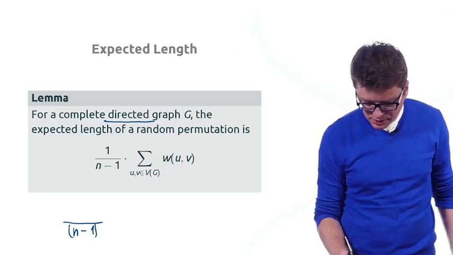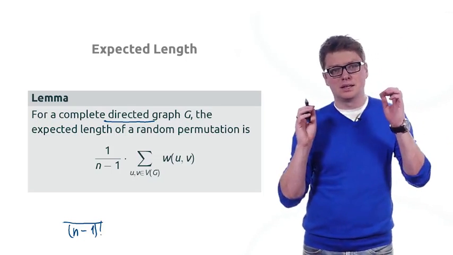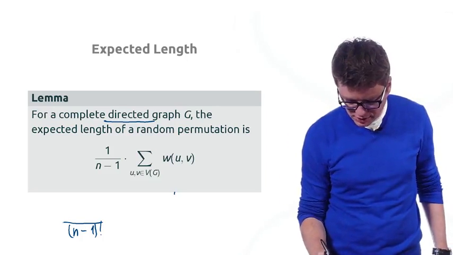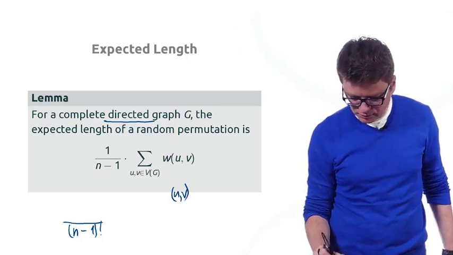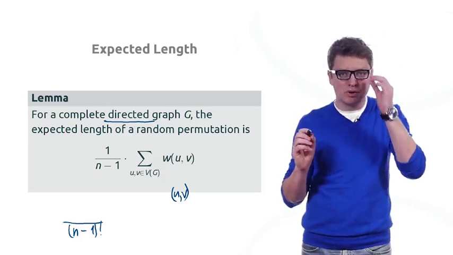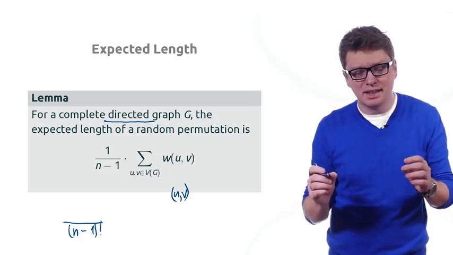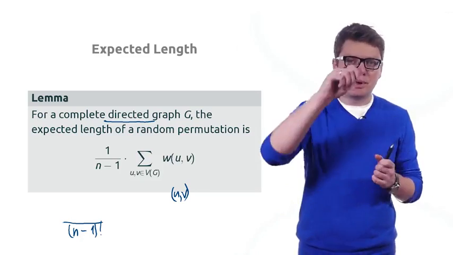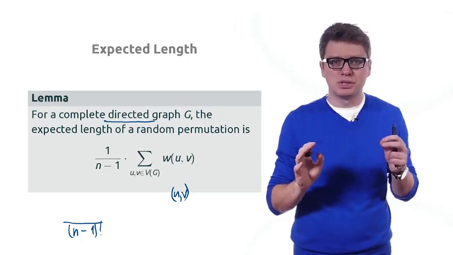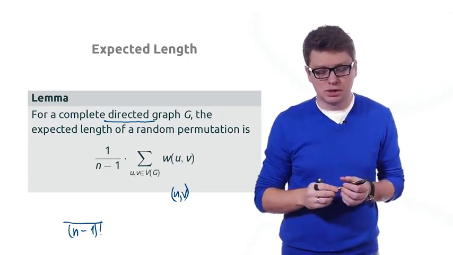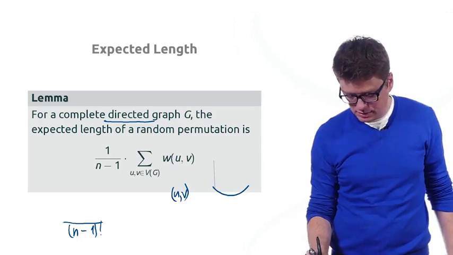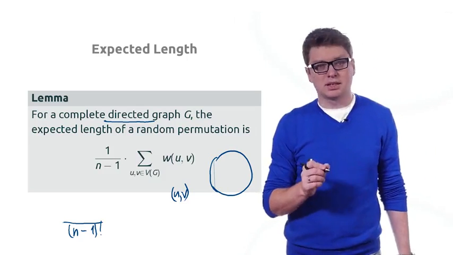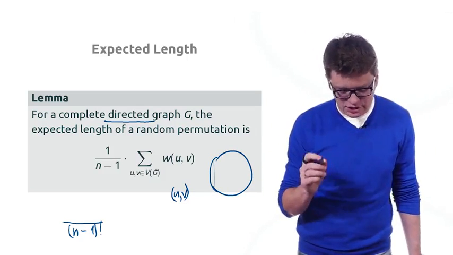Now let's fix a particular edge, for example UV, and count the number of cycles that contain this particular edge.